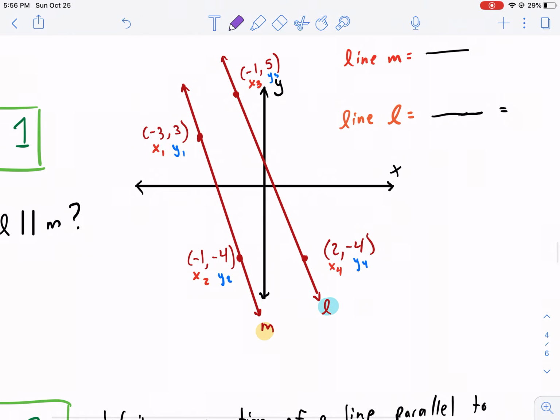How do we find the slope? The slope is equal to the rise over the run, the change in the vertical over the change in the horizontal, the change in y over the change in x. That's the ratio.